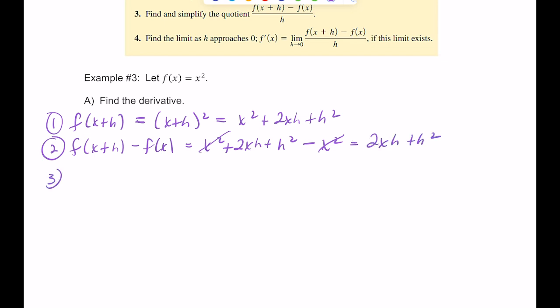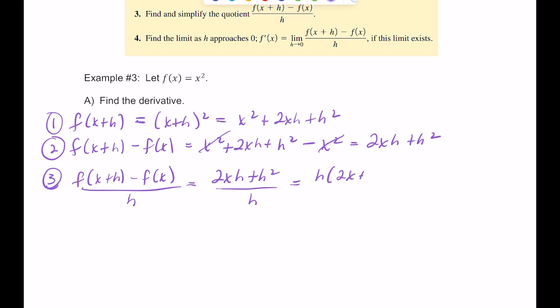Okay, step 3 is to simplify the difference quotient. Steps 1 and 2, like I said, are the numerator. So you're just left with this. And then we can factor out an h in the numerator. And the h's cancel. And you're just left with 2x plus h.